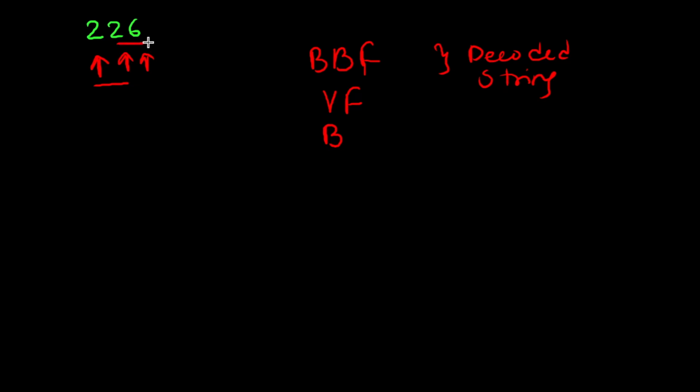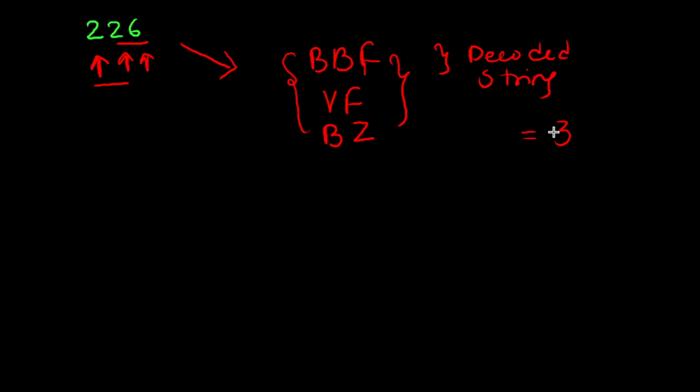Then we can consider the next integers together, that is 26, which corresponds to Z. So basically this string 226 can be expressed as 3 decoded strings. So our answer will be 3.